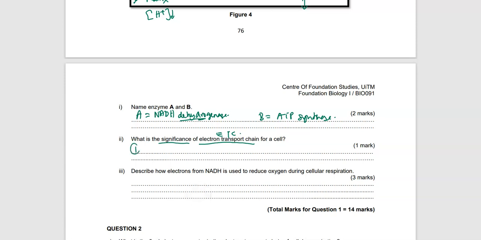Number one, I'm just going to give the answer because the space is really small for me to write, so you have to listen carefully. The importance of the ETC is, one, to synthesize ATP via oxidative phosphorylation.